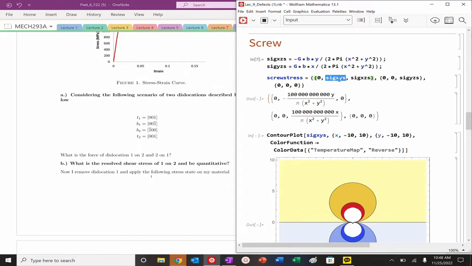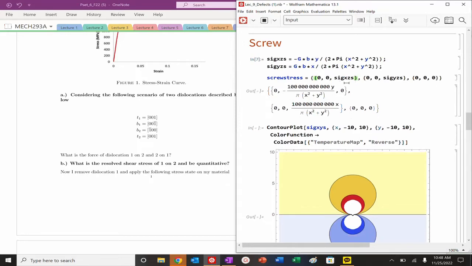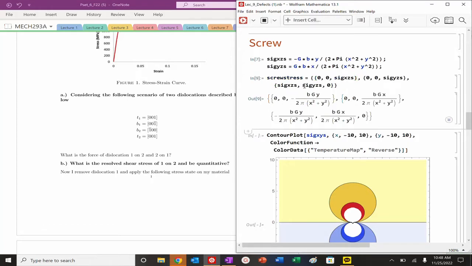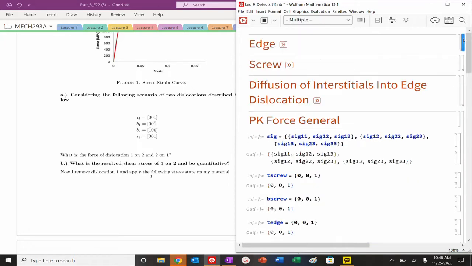There is going to be one in the 1,3 here, and then the YZ S, and YZ here. There we go. So that's our screw stress. So screw stress, edge stress, now we can start to move forward here.